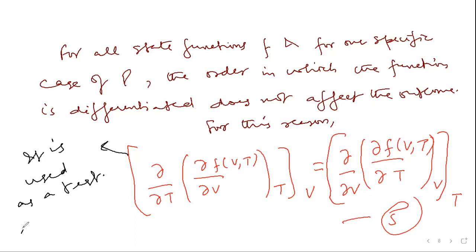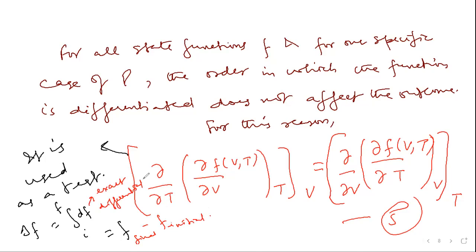That means for any state function, its finite change can be written as the integral of dF from i to f, where dF is the infinitesimal change, which equals F final minus F initial, right? And dF is called an exact differential.